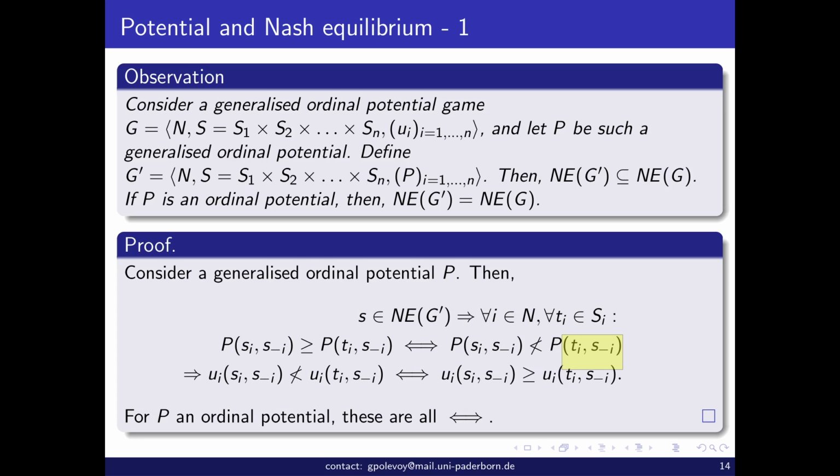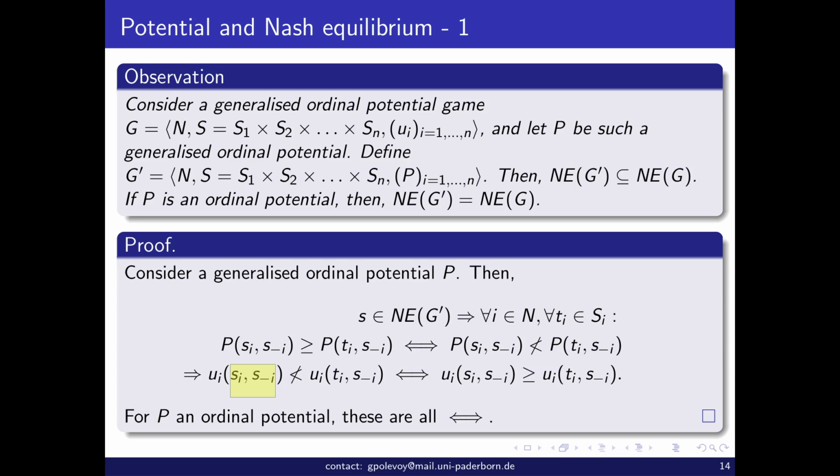And therefore, and here we use the assumption that P is a generalized ordinal potential, the utilities in S_I, S minus I are not smaller than the utilities in T_I, S minus I. That's basically the contrapositive of the definition of a generalized ordinal potential.